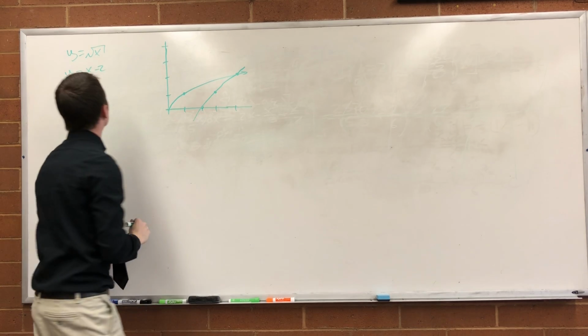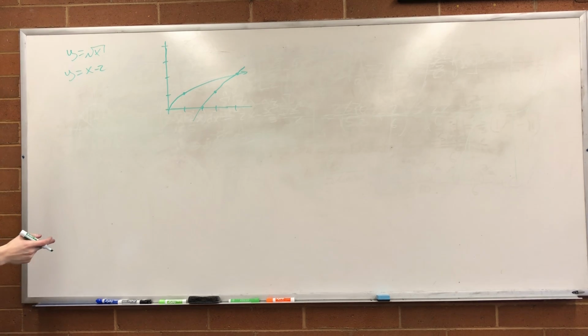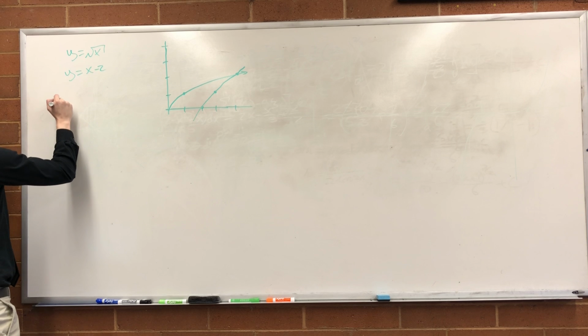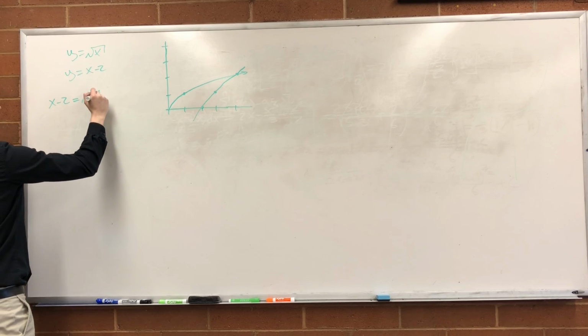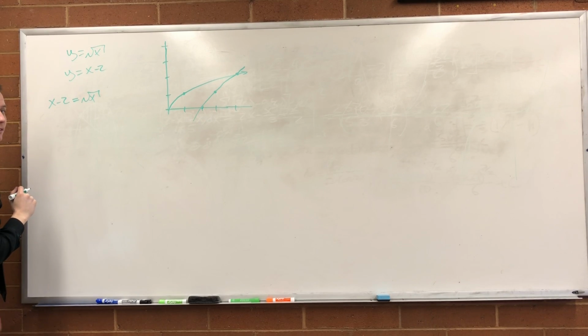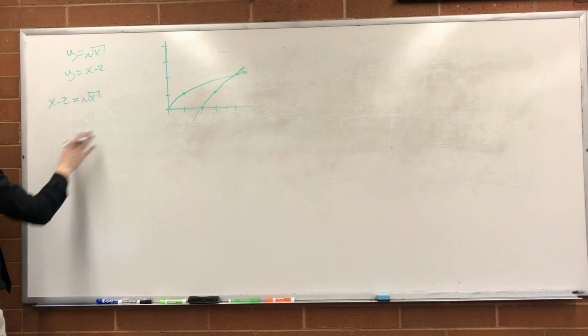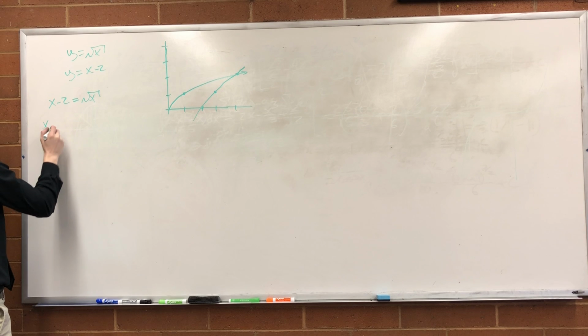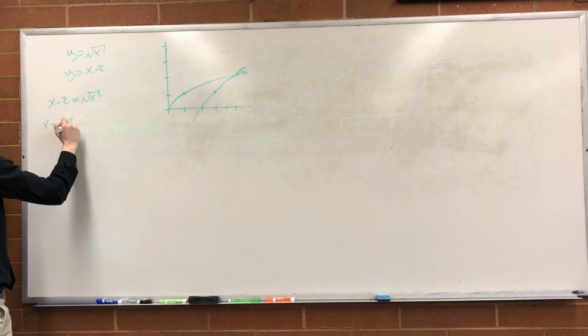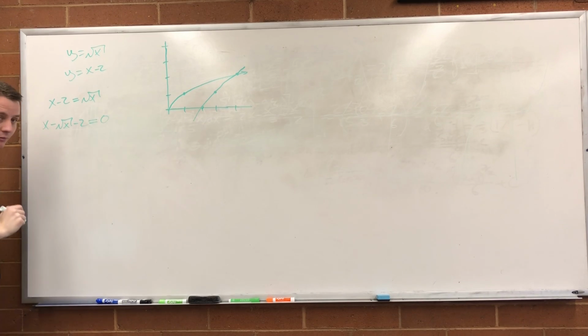Right out the door. But in case you didn't want to trust your picture, maybe you thought you made a mistake, you can check really quick. Where does x minus 2 equal the square root of x? Move everything over so that we just have 0: x minus the square root of x minus 2 is equal to 0.